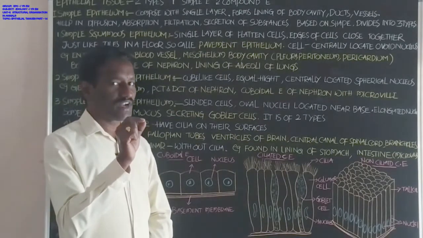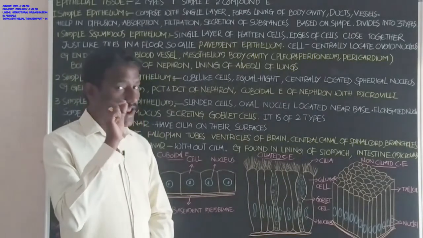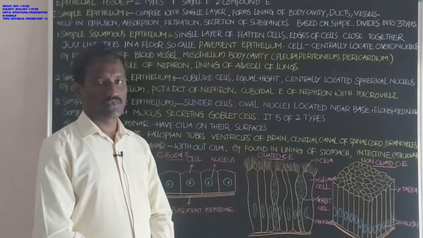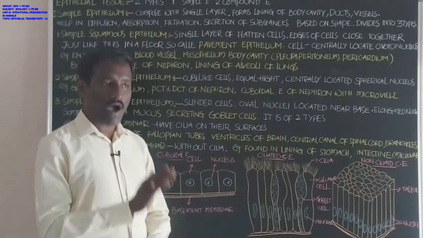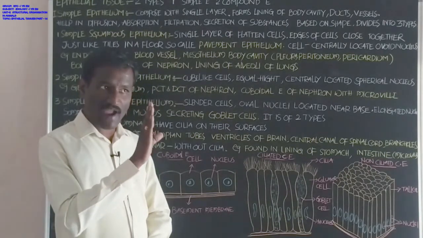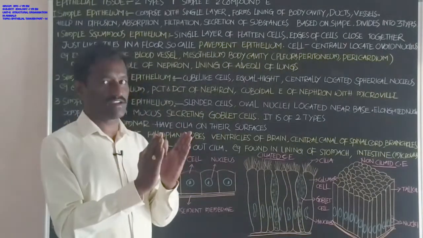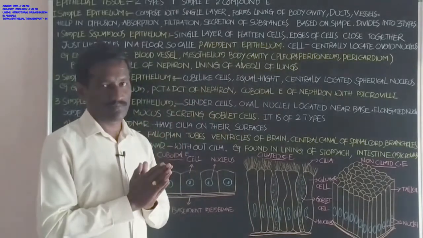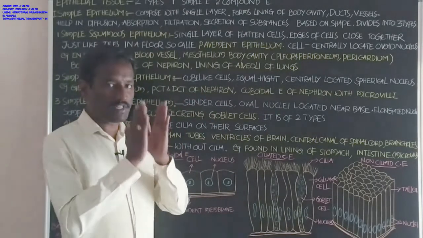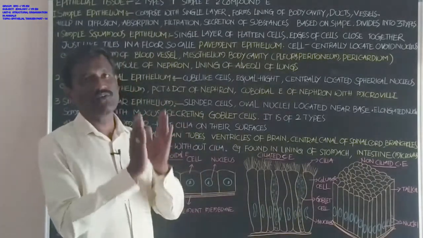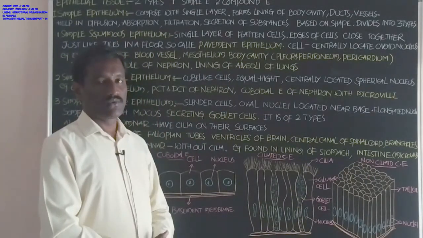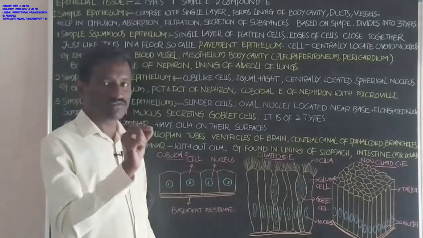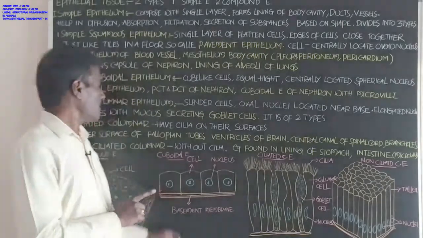The fallopian tube allows the passage of the ova. Students, the fallopian tube also acts as a fertilization site between the sperm cell and ova, between the male gamete and the female gamete. This is the fallopian tube, part of the female reproductive system.